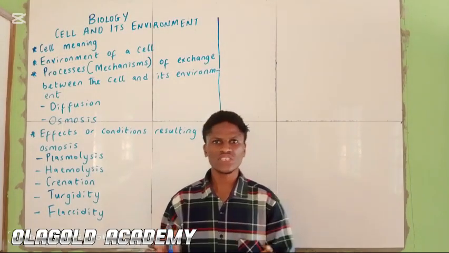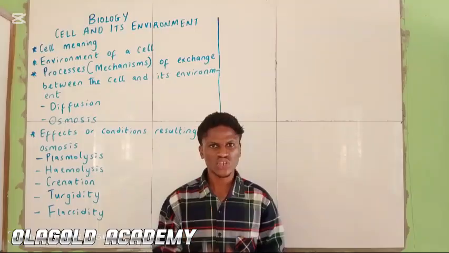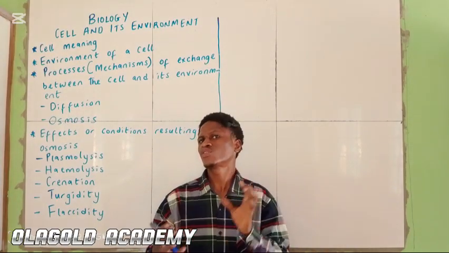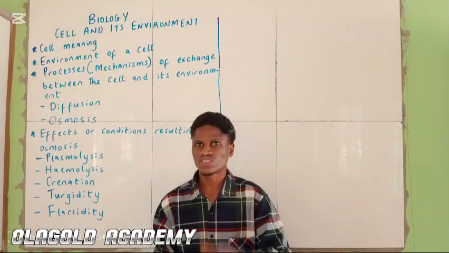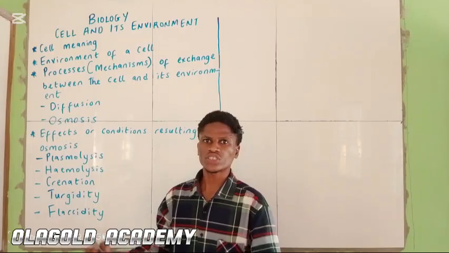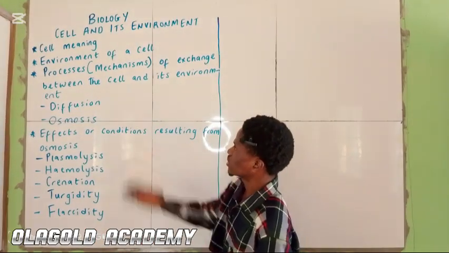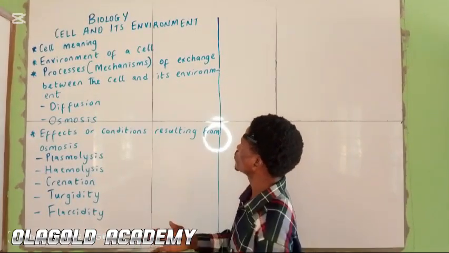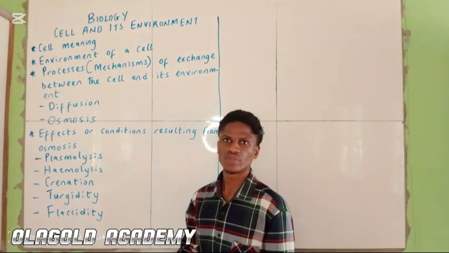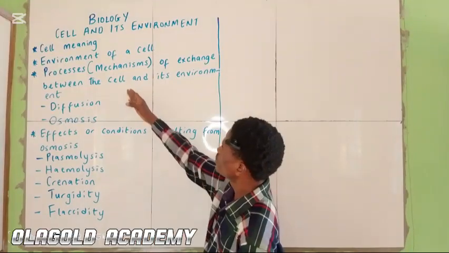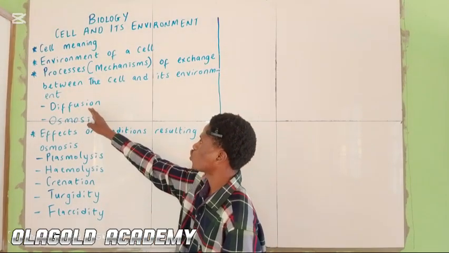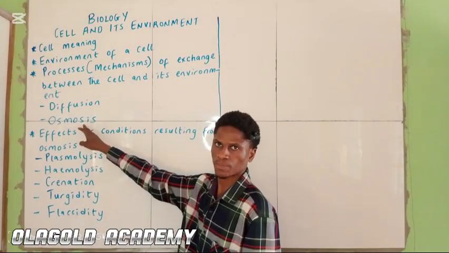There are differences between the concentration of the extracellular environment and the concentration of the intracellular environment. These differences gave birth to the processes or mechanisms of exchange between the cell and its environment. From here is where we have what we refer to as diffusion and osmosis.